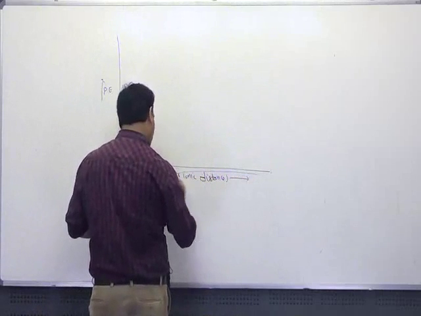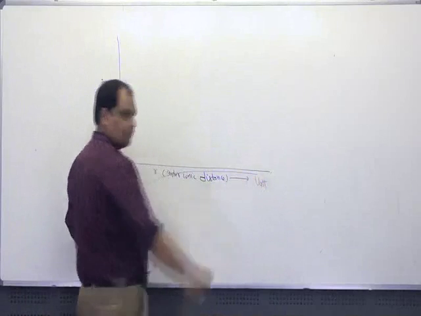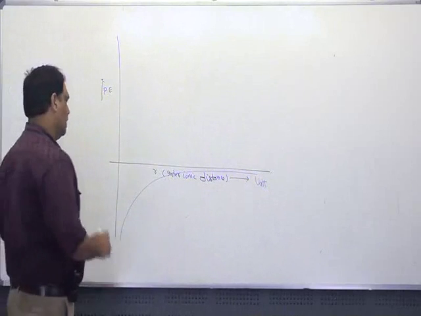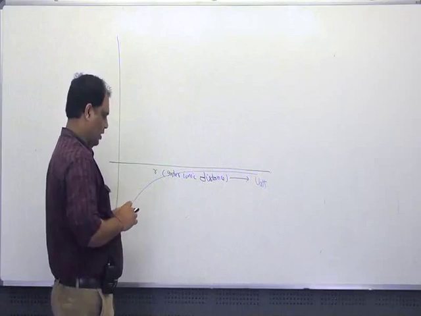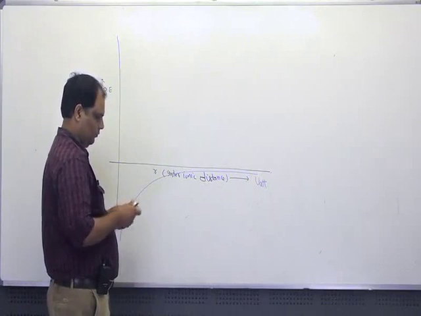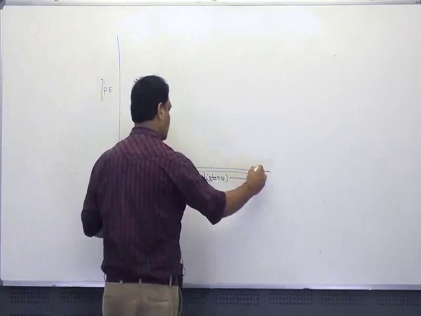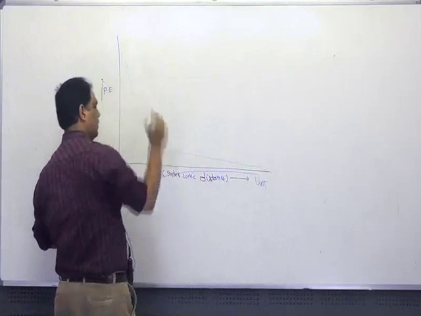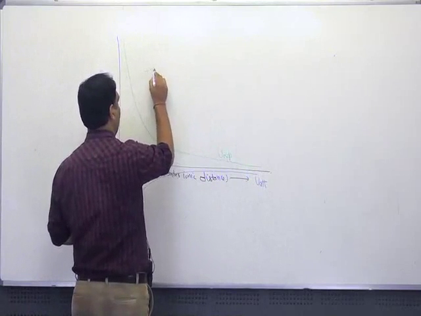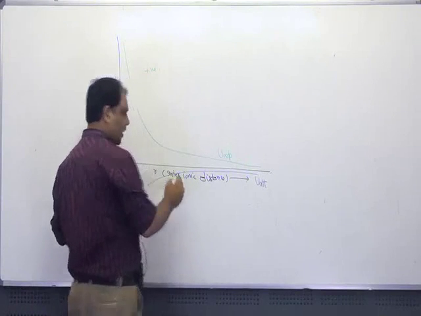Now just see it. This is the graph of potential energy due to attractive force. It is always negative. And this is the graph of potential energy due to repulsive force. It is always positive, and this is always negative.